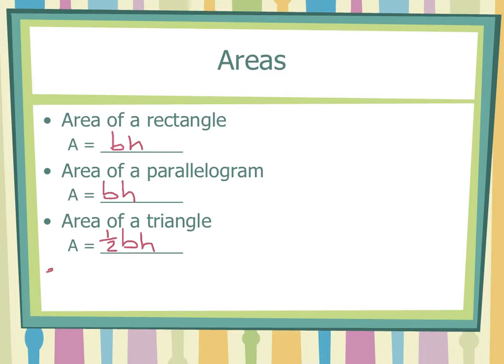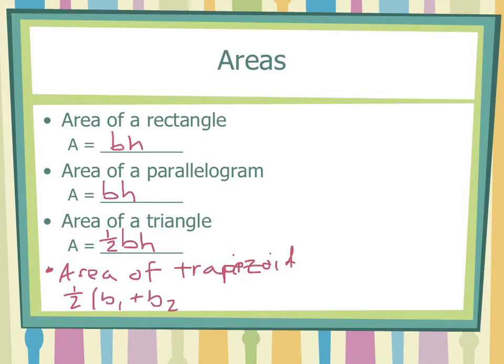In addition to these three, we have the area of a trapezoid, which is 1/2 times the base 1 plus base 2 times the height.